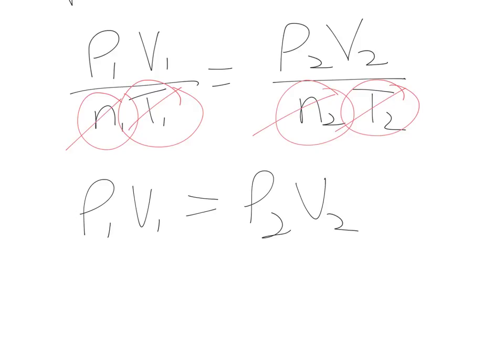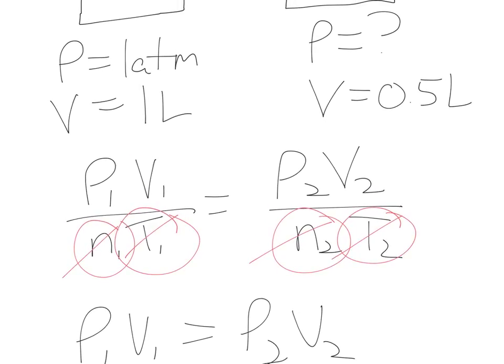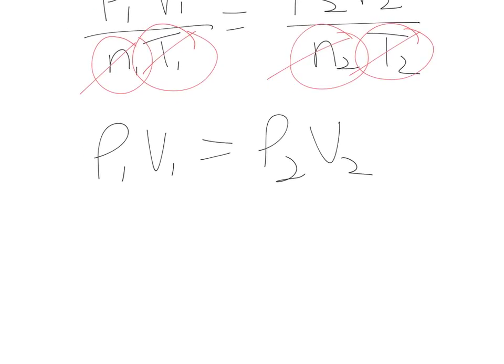So, if I go look at my numbers here, I see that the pressure 1 was 1 atmosphere and the volume 1 was 1 liter. All right. Let me put those into my equation. So instead of pressure 1, I will write 1 atmosphere. And instead of volume 1, I will write 1 liter.